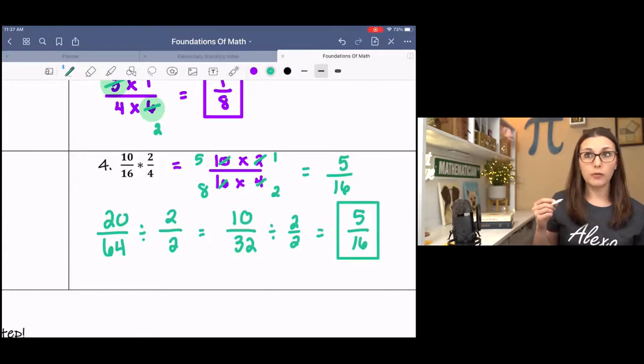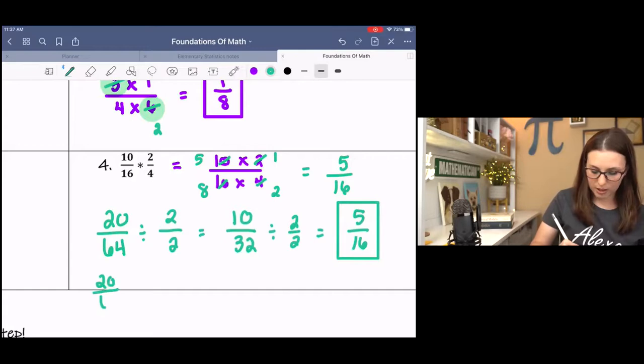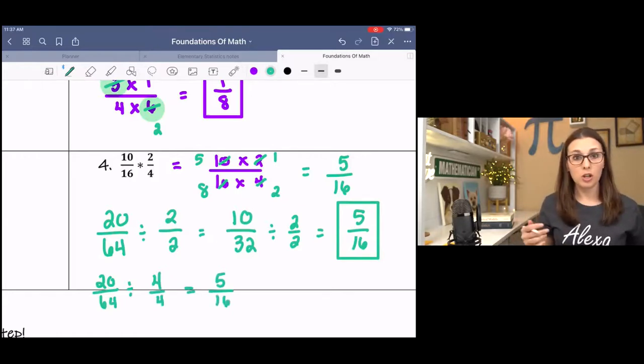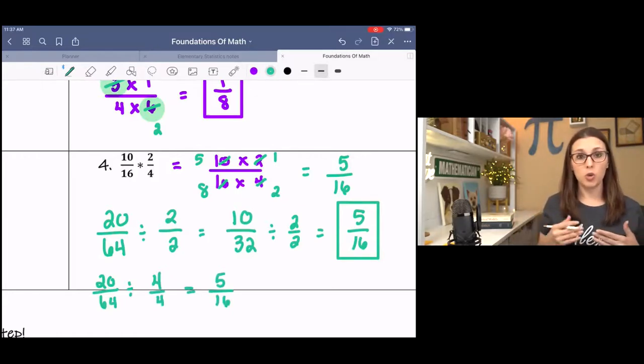Or if you find the largest number that 20/64 divides by, like 4, then you jump straight to that solution. So there's lots of different ways to come up with the same solution. Whichever way you use to get there is good with me, as long as you got there.